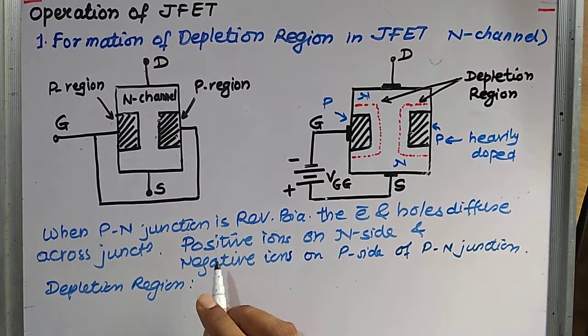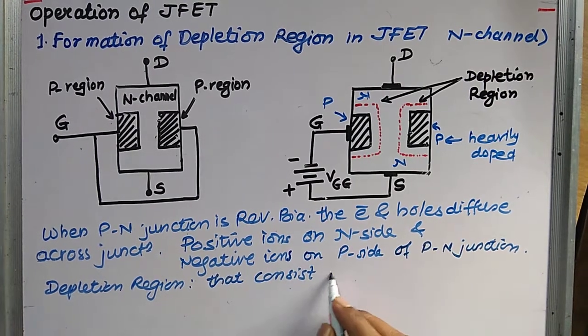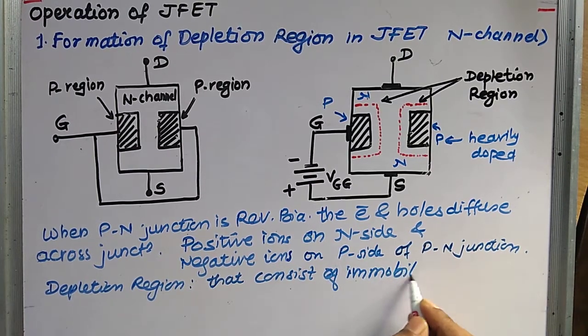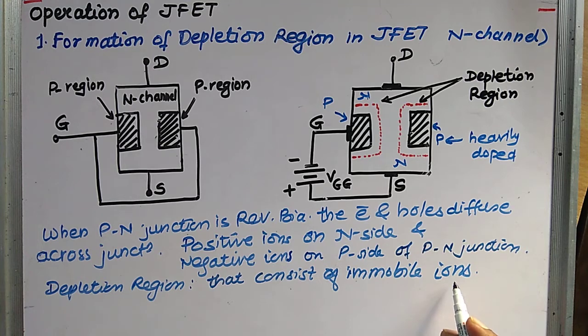Depletion region is a region that consists of immobile ions. Why immobile ions? Because these ions do not diffuse with each other, do not combine with each other, and the region which consists of immobile ions is called depletion region.